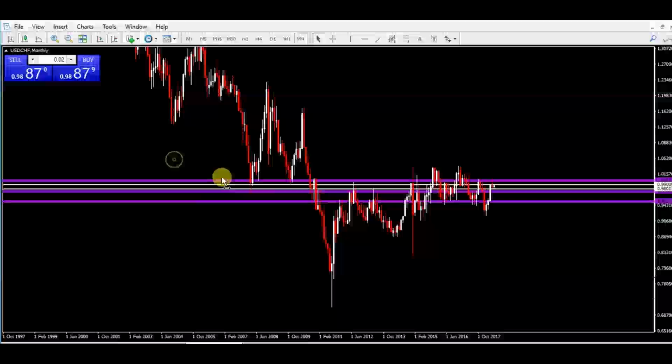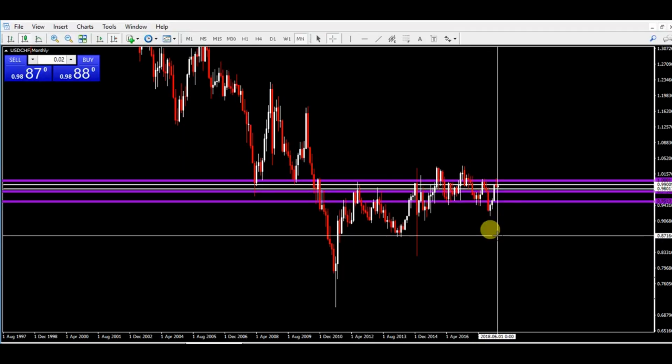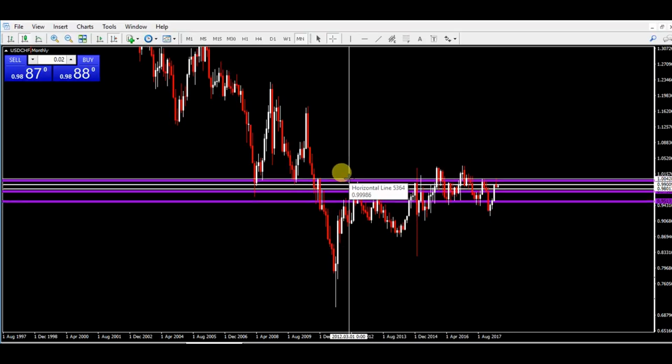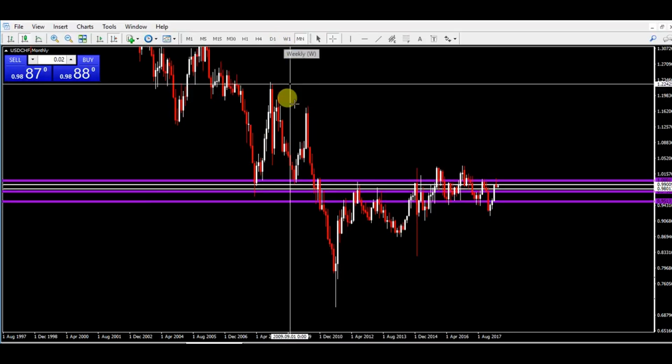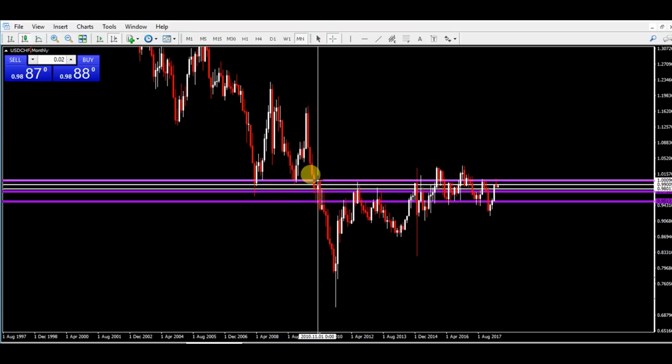So as you can see clearly here, we've got a very strong monthly support area that is now becoming, or looking to become, a strong resistance area to potentially fall further to the downside. Because of that, based on the higher time frame and even on the weekly, but very clearly seen on the monthly, my bias would be short, although there will be long opportunities on this pair because of the nature of the market and how it moves in waves and the pullbacks, etc.